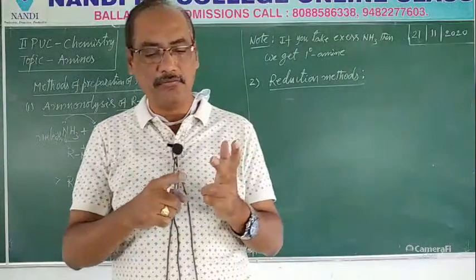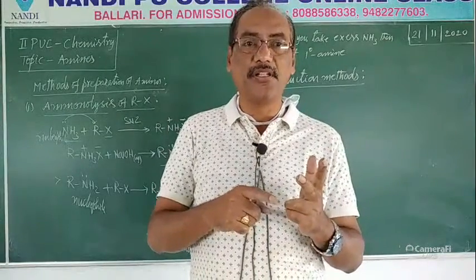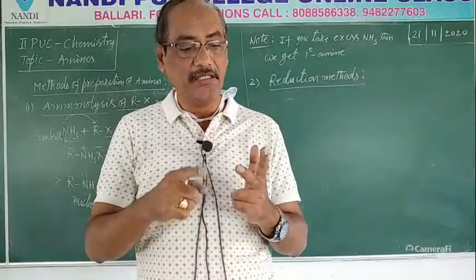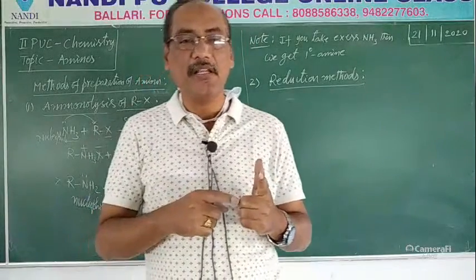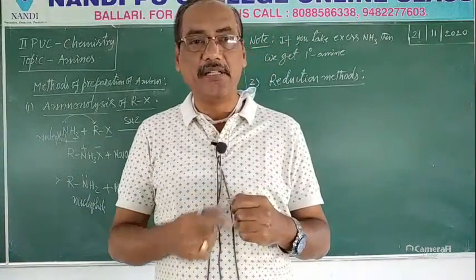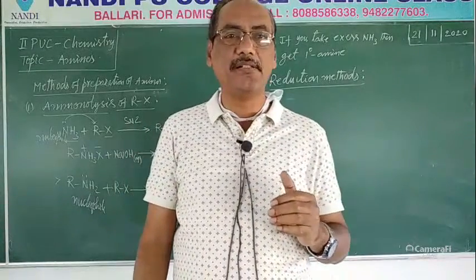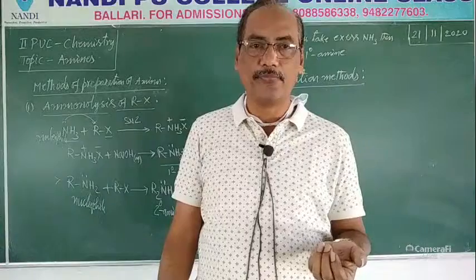Again, sodium metal with ethyl alcohol also acts as a reducing agent, right children? Again Sn/HCl, Fe/HCl, right? There are so many reducing agents we are going to use for the reduction process.